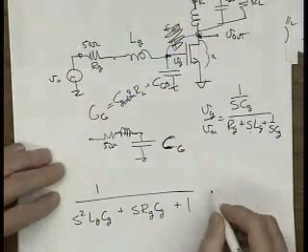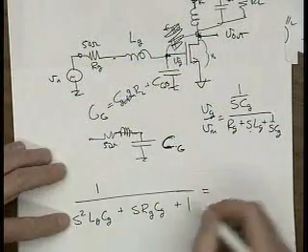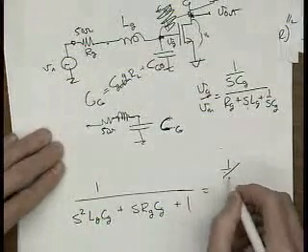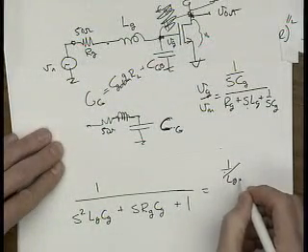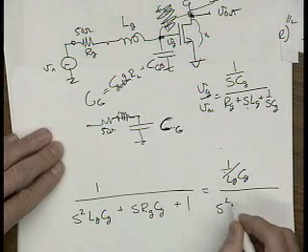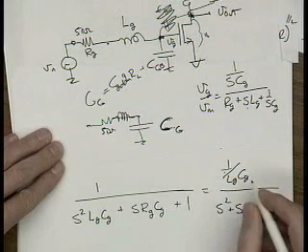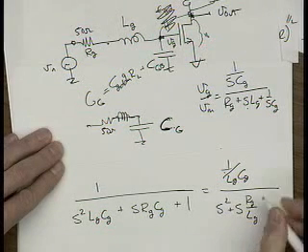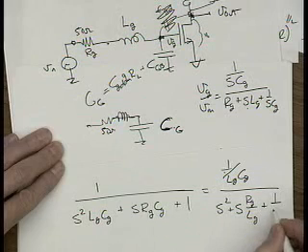If we write this into a different form, let's divide top and bottom by LGCG. And we write this as 1 over LGCG, our standard quadratic form. We get S squared plus S times RG over LG plus 1 over LGCG.